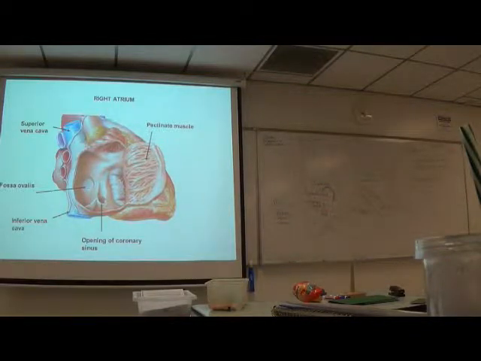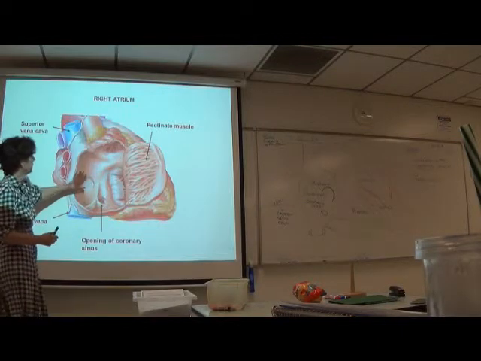And that would be the patent foramen ovale in this one as well. It's not the fossa ovalis now, but it's what would be open in the embryonic fetal heart.